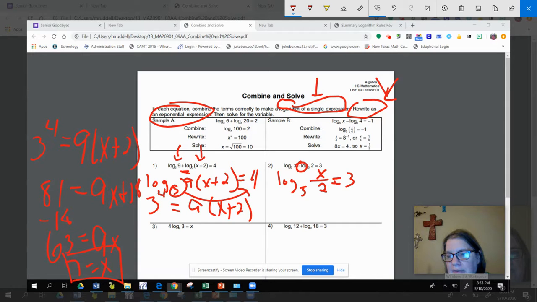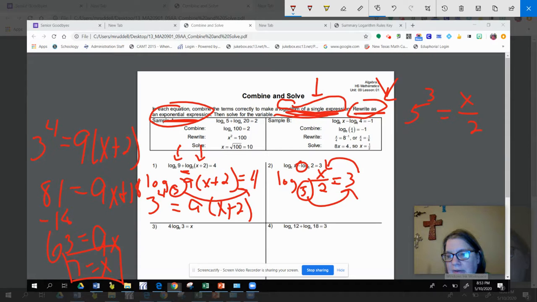Okay, that's rewrite as a single expression. Next step says rewrite as exponential. The base is this subscript number, so that's 5. I'm going to put 5 raised to the 3rd power equals x over 2.